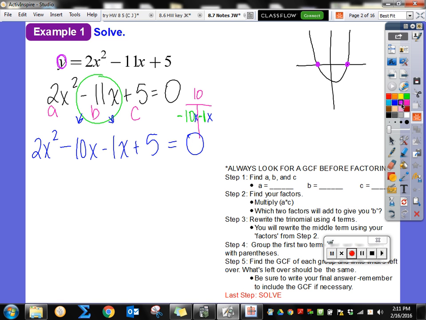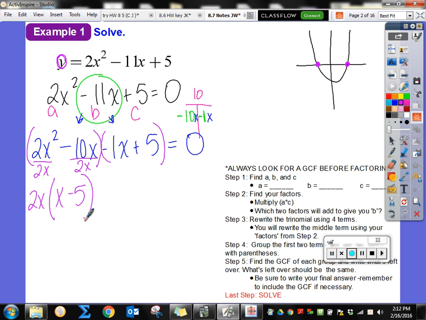Once you have 4 terms, what do you do? Parentheses, you have to group the first 2 and the last 2. What is your greatest common factor in this first set of parentheses? 2x. I'm going to divide by 2x because I have to get my leftovers. And then we are left with x minus 5.